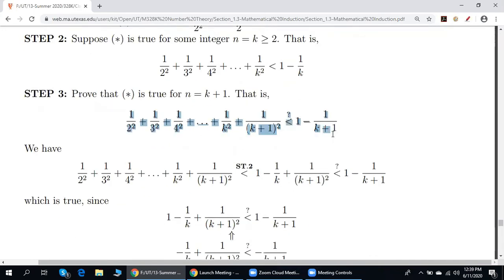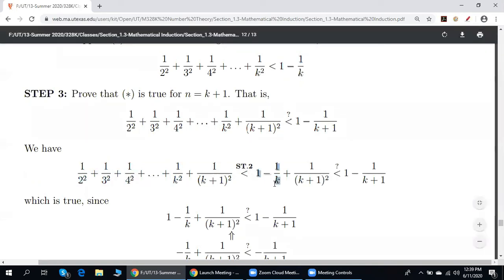We want to prove this. So we start with the left-hand side. It's over here. By step 2, this sum is lesser than 1 minus 1 over k. It's over here. We add the last term. Done.